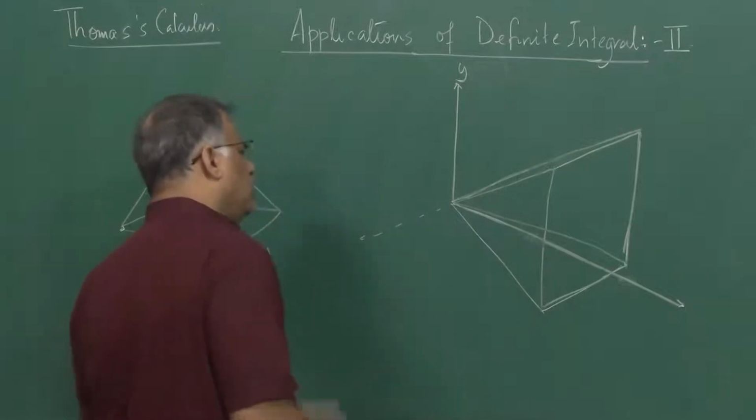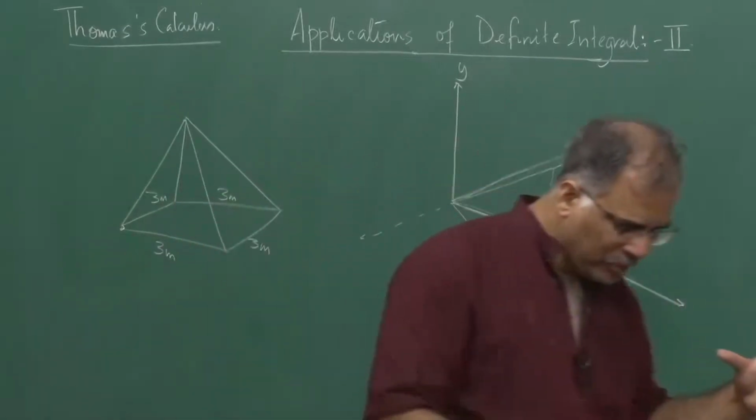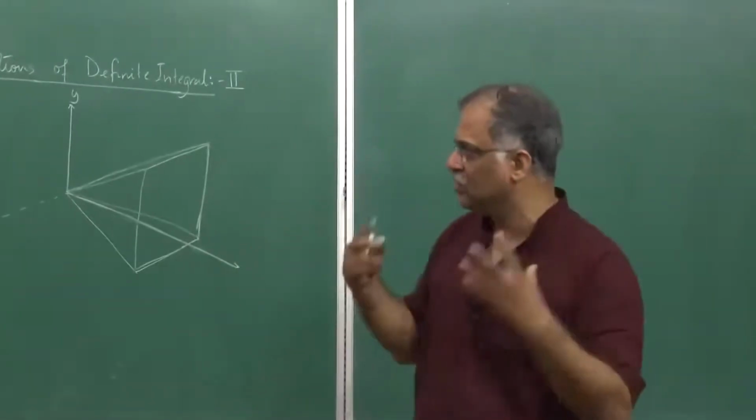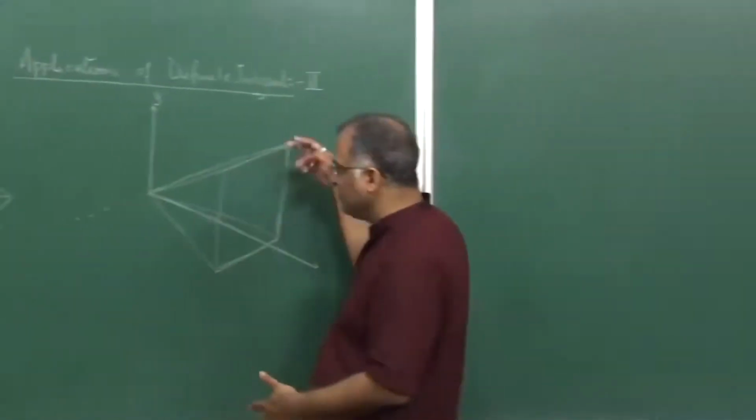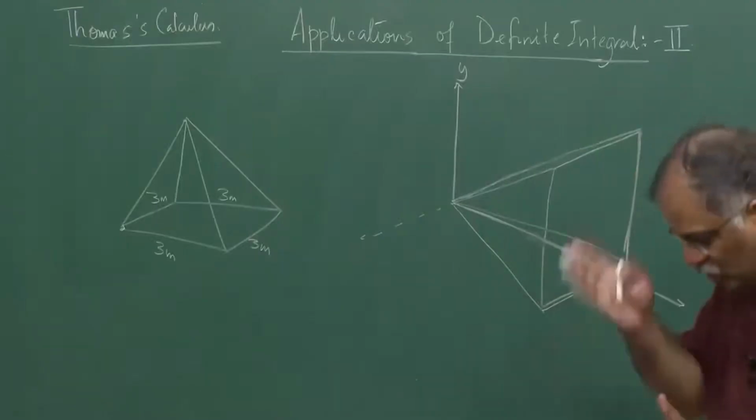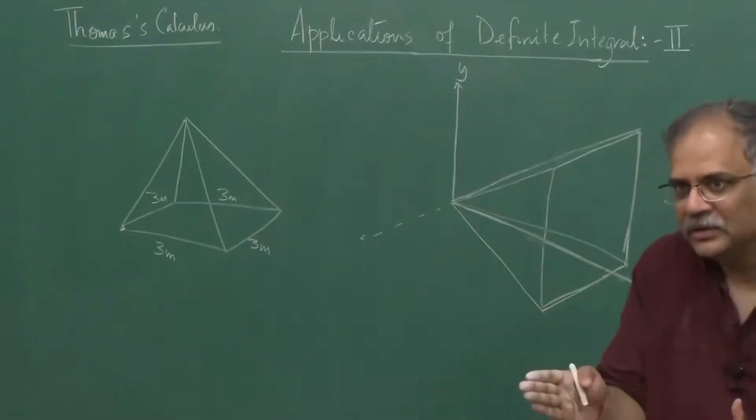So, what you do, you take the pyramid, it would have been good if I had models to explain to you. You basically chop the pyramid up as if you have a slice of cheese and you are chopping it up very finely.